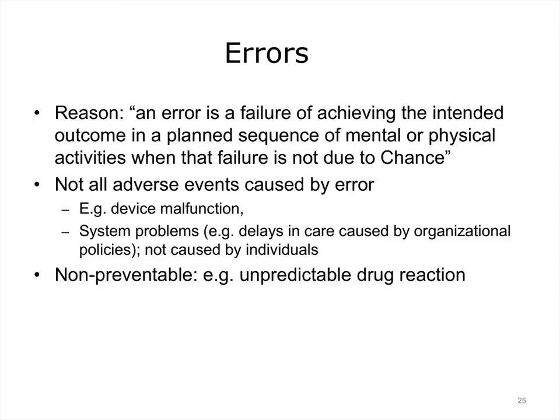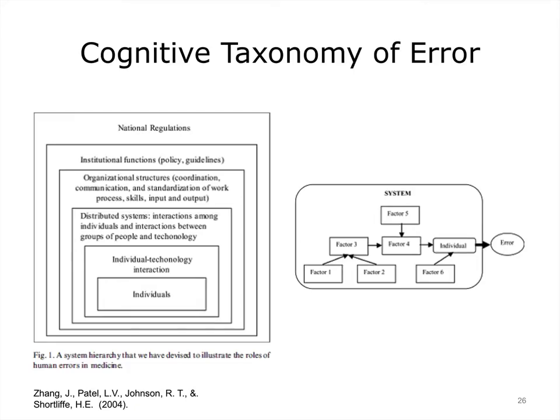System problems, such as delays in care caused by organizational policies, or as we have seen at the beginning of this lesson, by EHR implementation, are not caused by individuals. Errors may be unforeseeable and non-preventable. For example, drug reactions that have never been seen in that patient before.